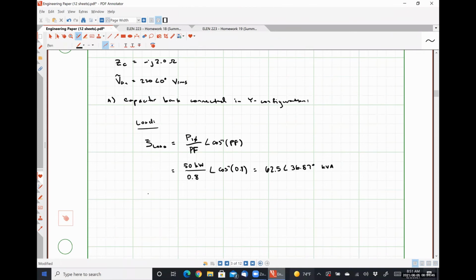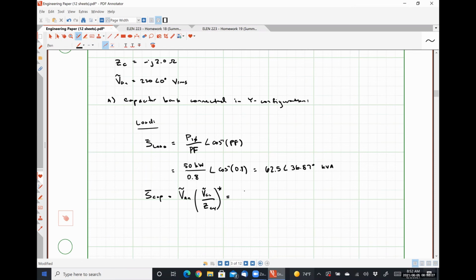So S cap is going to be VAN times the current flowing through the capacitor conjugate, which is VAN over ZCY conjugate, because that's V times I conjugate, our definition for complex power.